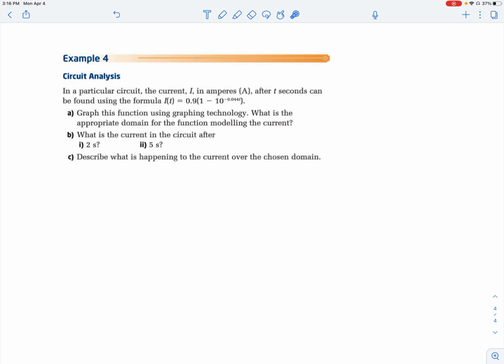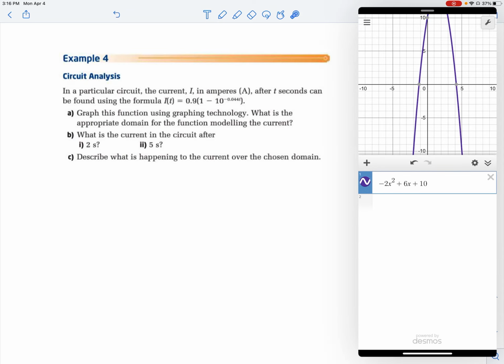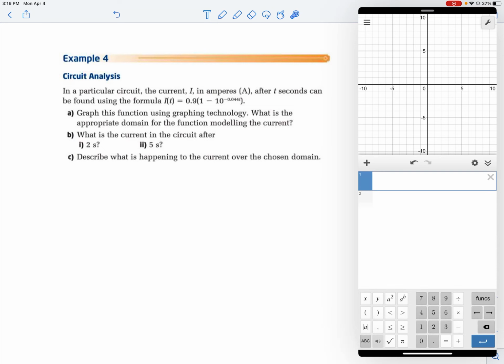Okay, so let's go ahead and pull up a graph for this. So we have y equals 0.9 times, make sure you're really using these brackets well, 1 minus 10 to the exponent. You may need to put a bracket up here for your exponent.